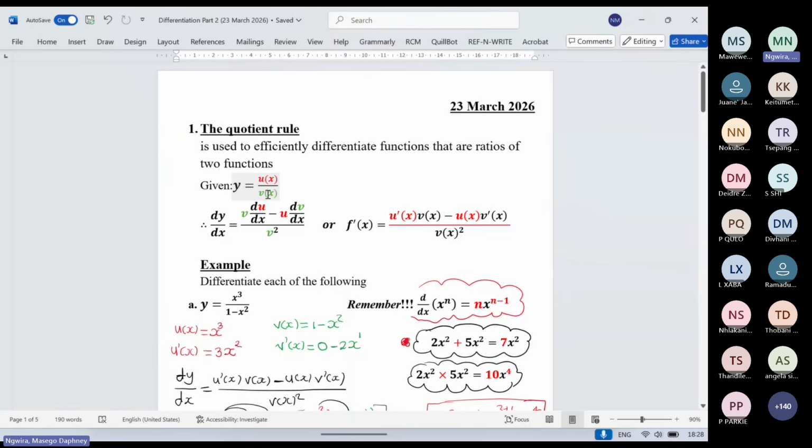So this is the formula. You have to find the derivative of both of them. Then you substitute. It's going to be the derivative of u times the function v(x) minus the function u times the derivative of v(x), over the function v(x) to the power of 2.